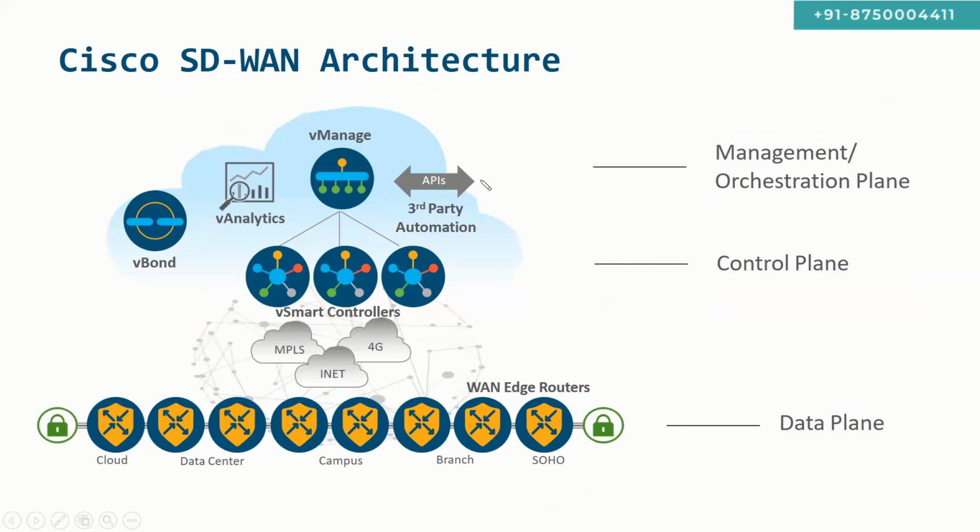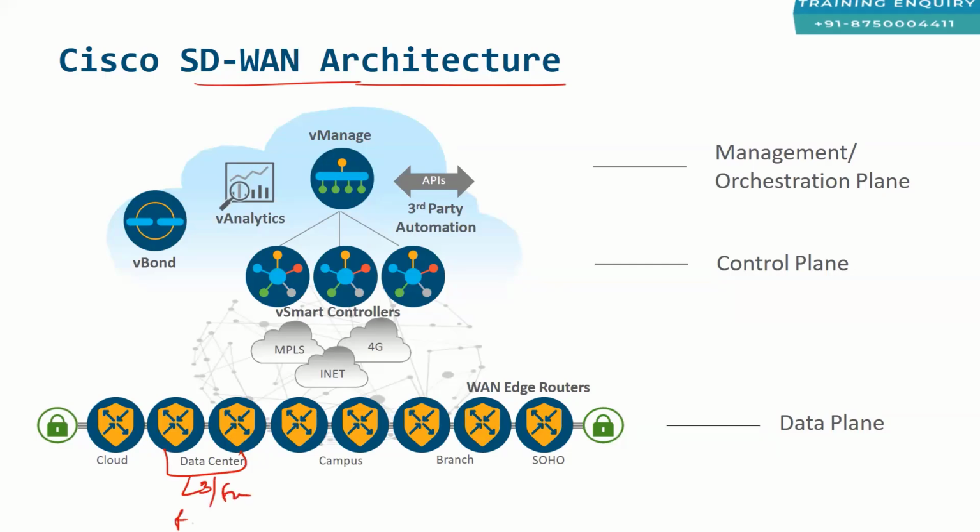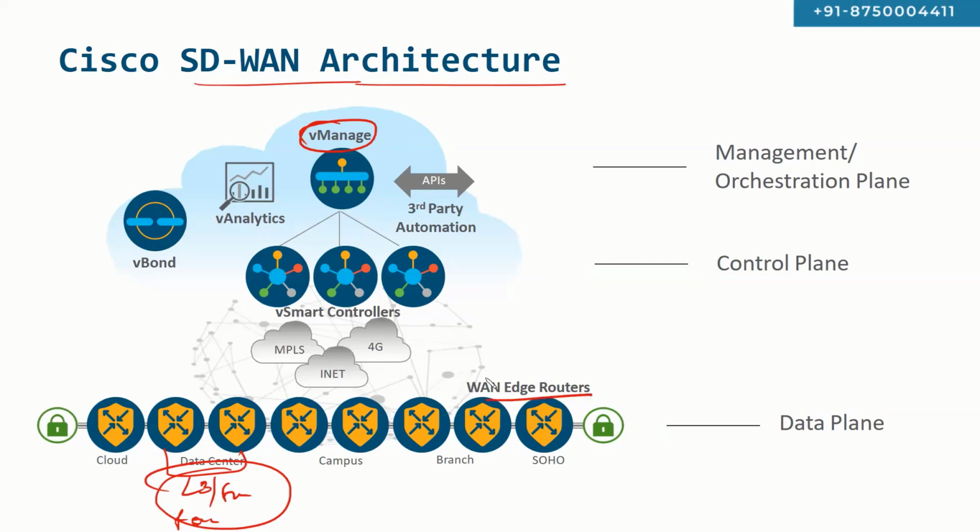Remember that in SD-WAN, you are only going to manage your managed routers, not everything. In the data center, behind your managed routers, you might have layer 3 switches, firewalls, normal standalone routers, or non-SD-WAN routers. You can't manage those devices using vManage. Only devices participating in SD-WAN can be managed through vManage.